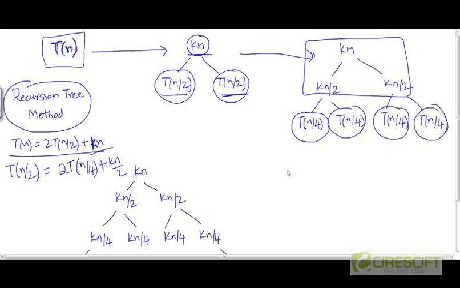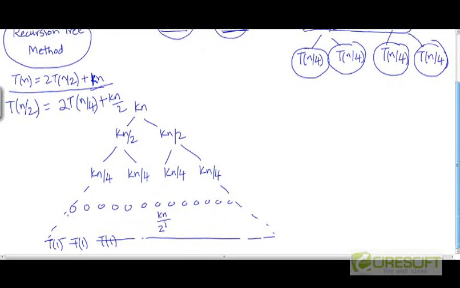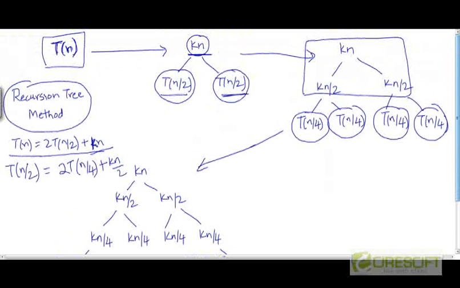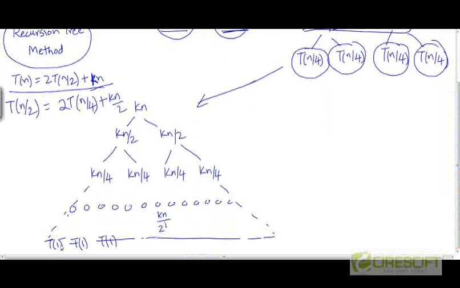And this process will continue until we hit the smallest possible size for the subproblem, which is simply a singleton array. Right, so we just continue this process over as many steps as needed until we hit the base case, which is T of 1.